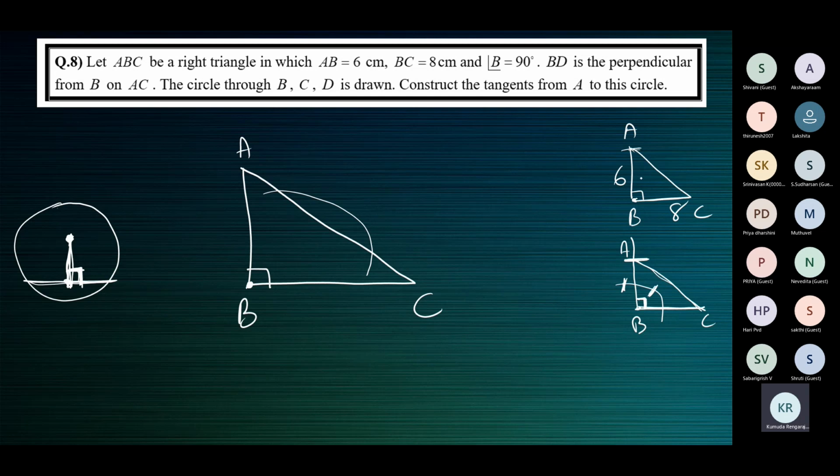Supposing the radius is very small, maybe the arc will come only here. Take sufficient radius. It need not be in the middle, anywhere, with B as center and any convenient radius. Draw an arc to intersect the hypotenuse AC at two different points.